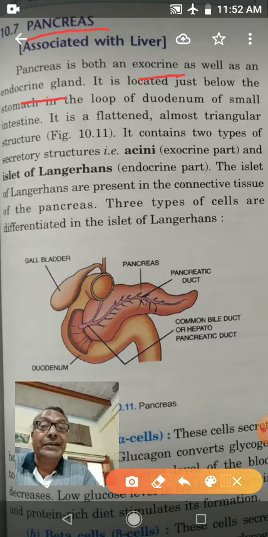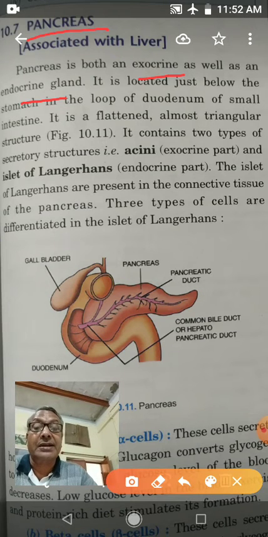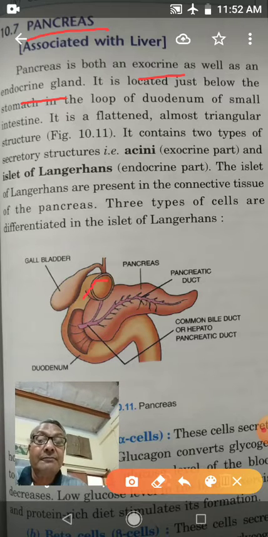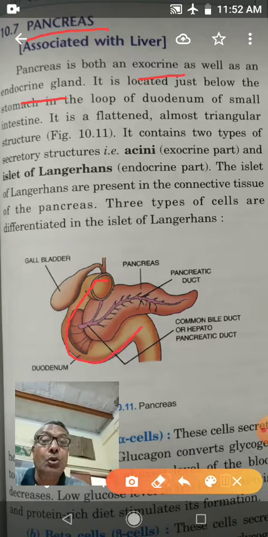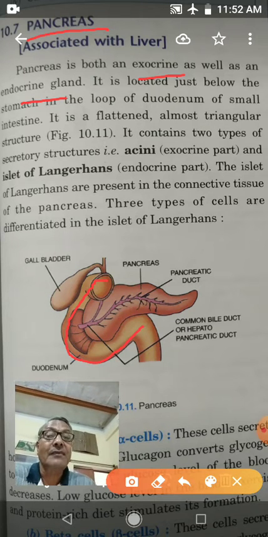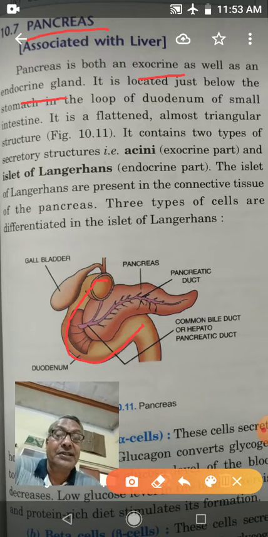Pancreas is located just below the stomach. Just below the stomach, there is the intestine. The first part of the intestine is the duodenum. It makes a loop-like structure, and in the loop of the duodenum, the pancreas is present.